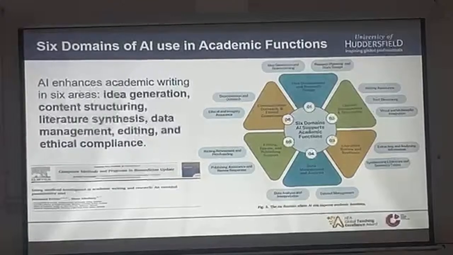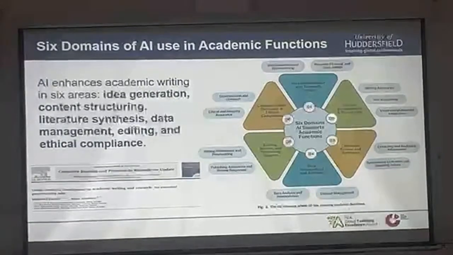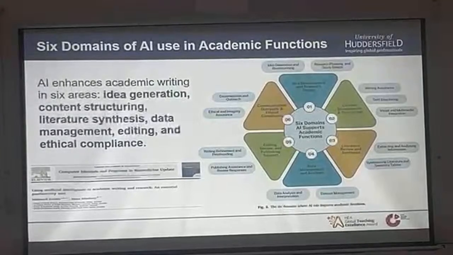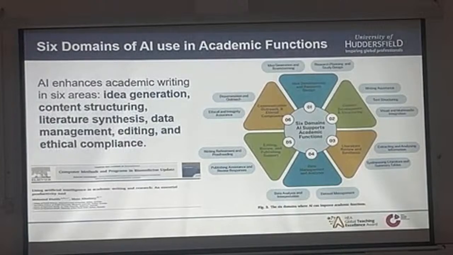It also helps with the structure of the content, with writing, with literature synthesis, with data management, and with editing. And it also helps in making the work more ethically compliant in many ways. So you can see that there are 6 clear domains in this area.